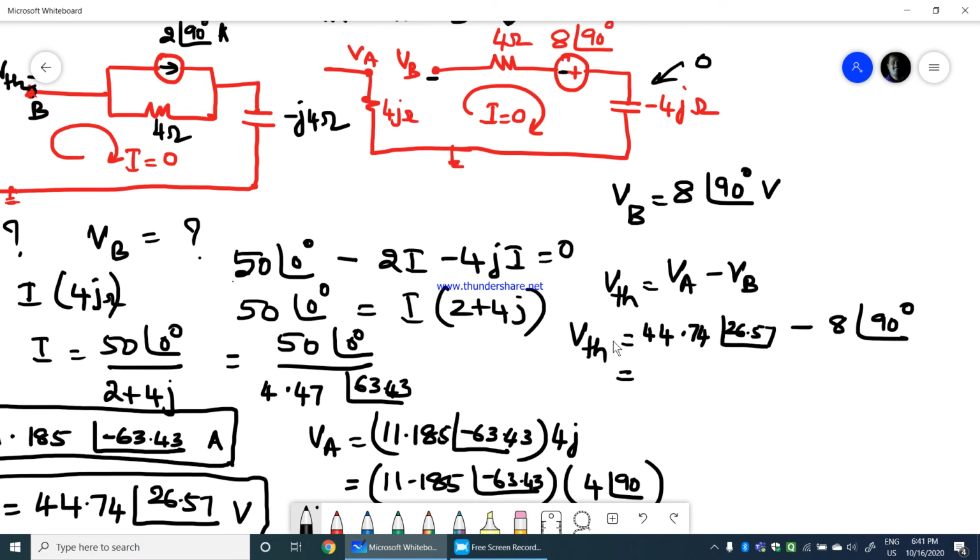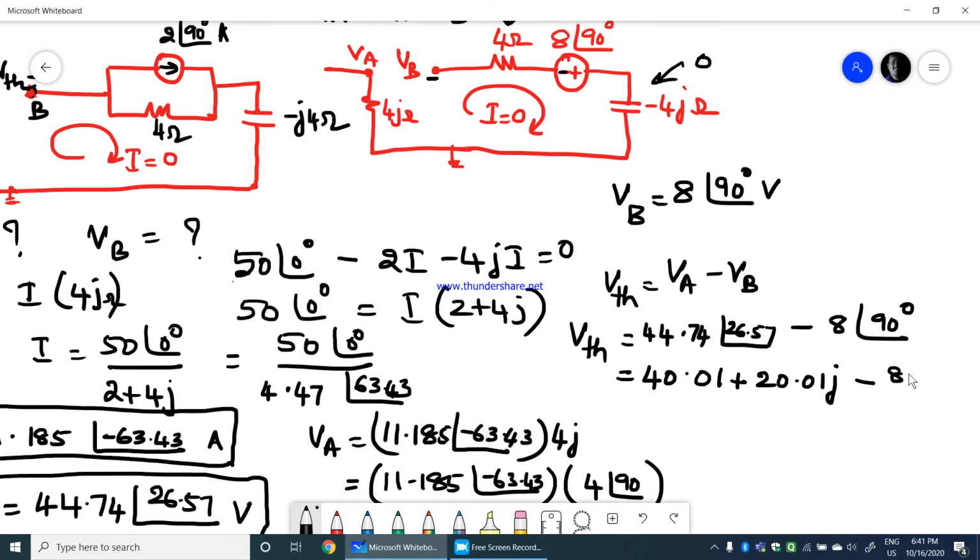Rectangular of 44.74 comma 26.57, I will get 40.01 plus 20.01j, minus 8 at an angle 90 degree in polar. So shift rectangular of 8 comma 90, I get 8j.